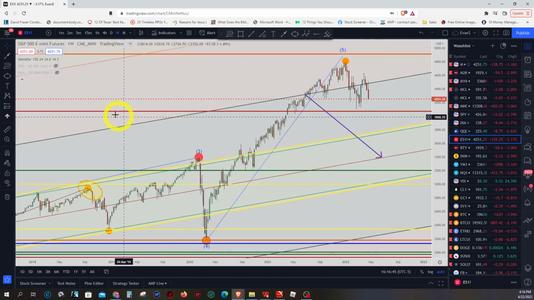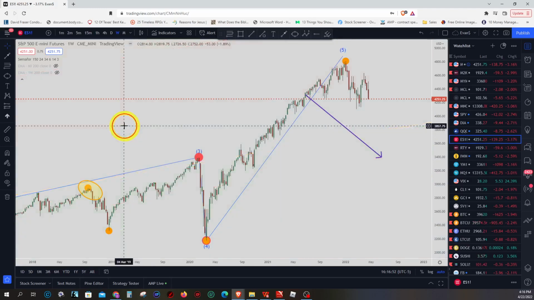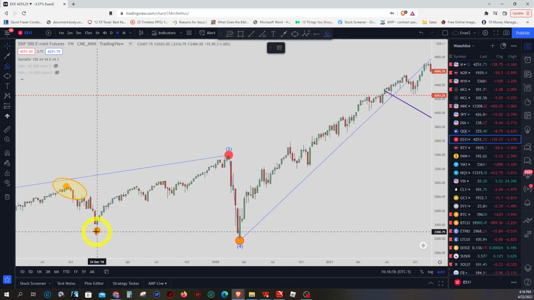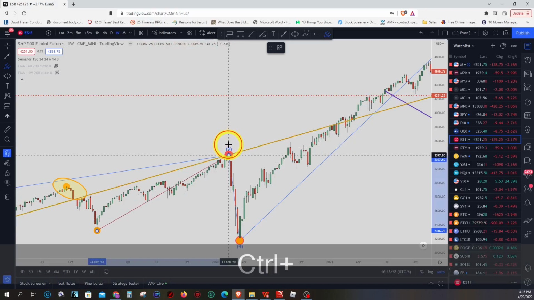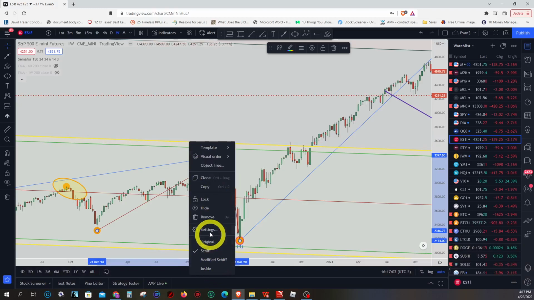But there is also one other interesting thing I wanted to show here real quick. Let me go ahead and take that off as well. There is a long setup that did not get hit. So you have that one, and that one. Let me take off the extension lines here.